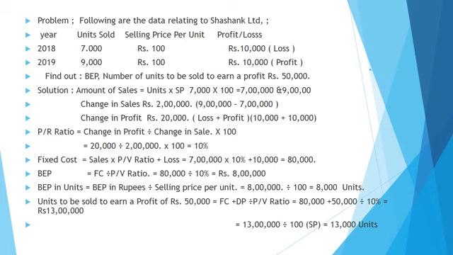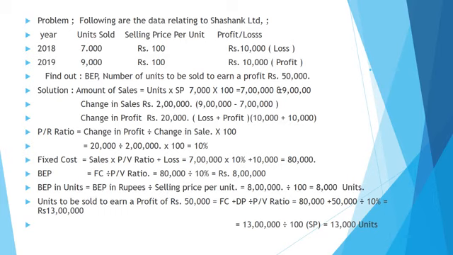Similarly, change in profit is rupees 20,000, that is loss rupees 10,000 plus profit rupees 10,000. It means in the first year, that is in the year 2018, there was a loss of rupees 10,000, and in the year 2019 the profit is rupees 10,000.